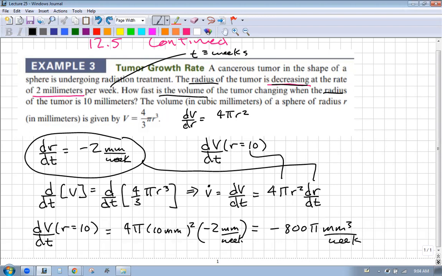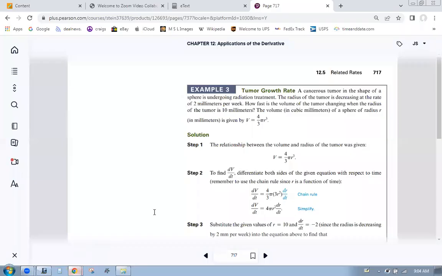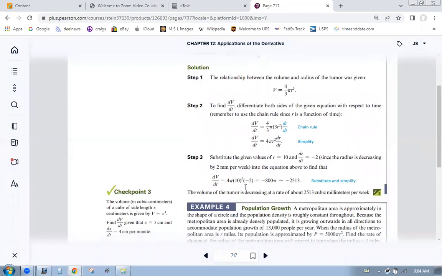Right? So it's usually good to write the units. Okay? They guide us. The book, they don't write the units, but you should write the units. Right? They will guide you, help you follow what's going on.